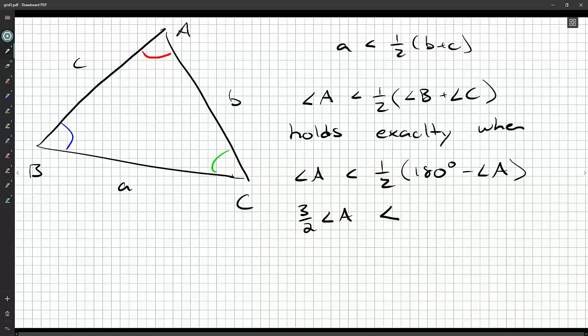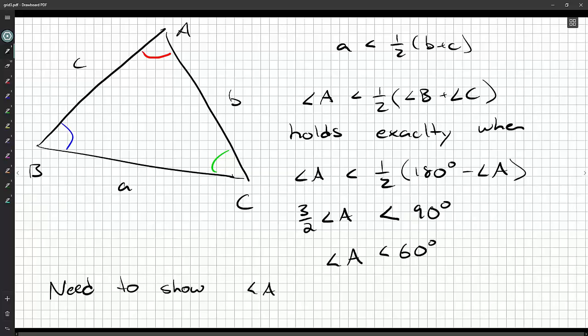Angle A less than a half of 180. So we get 90. So multiply by 2, divide by 3 will be 60 degrees. So we need to show angle A is less than 60 degrees. Once we've done that, then this all works out.